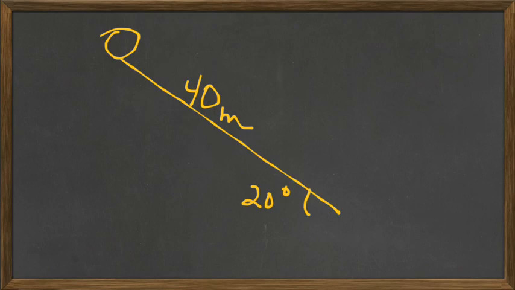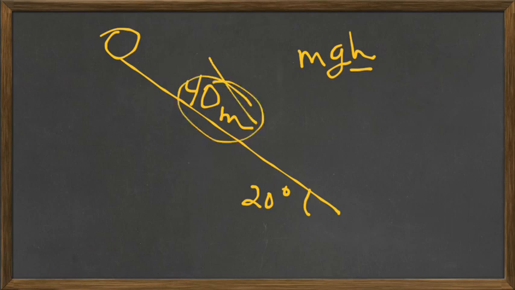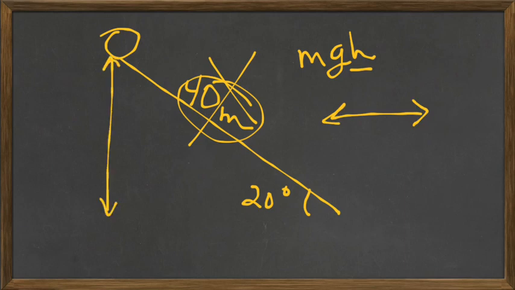When you go to solve for mgh, height is not 40 meters. Sorry, that was me rattling papers at my dogs. Gravity does not operate horizontally. Gravity only operates vertically.